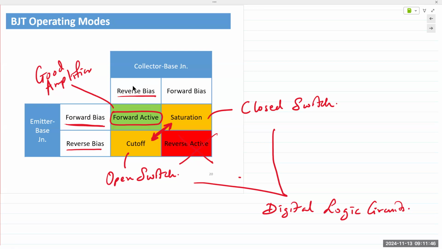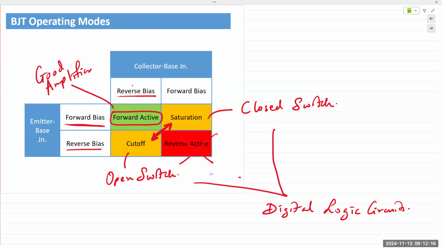The collector is the biggest region physically, but the most lightly doped region. So if you reverse bias the emitter-base junction, there are no charge carriers flowing through the emitter to the base junction. There'll be no current flow at all. Transistor will be completely off. So reverse active is not a region where we want a transistor to operate in.